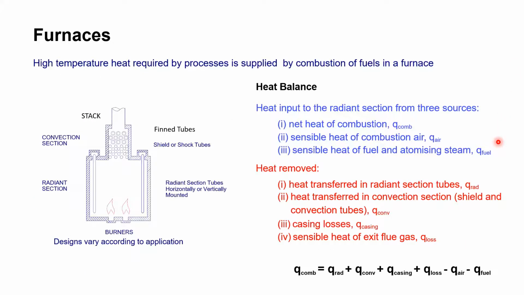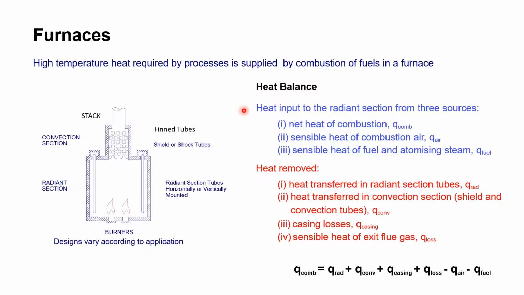So how does an engineer design a furnace? First of all, it is based on the first principles of mass balance and energy balance. When we burn fuel in a furnace, to design the system, first of all we need to look into the heat balance. In a heat balance, as you can see here, you have heat in and you have heat out of the system.